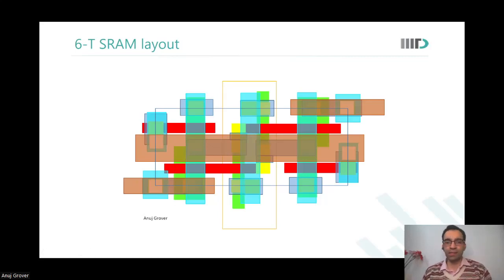So what we did in the last class was that since we have now disconnected the metal 3 horizontal rail for the word line, we do not directly get ground in our layout.